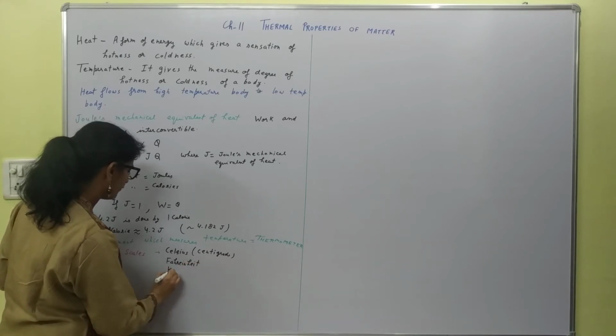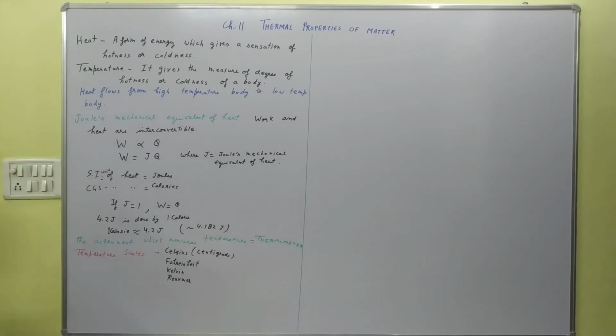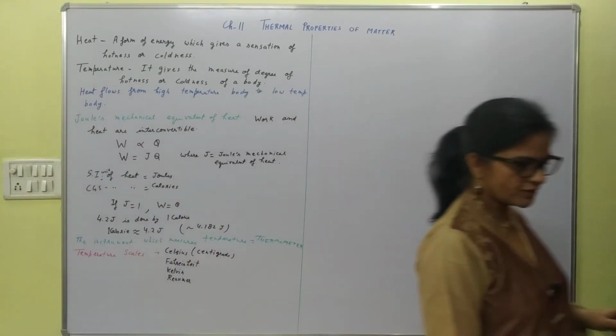Then we have Kelvin. And then we have Reaumur scale, right? So for all the 4 scales, I'll draw the diagram for the conversion factors.